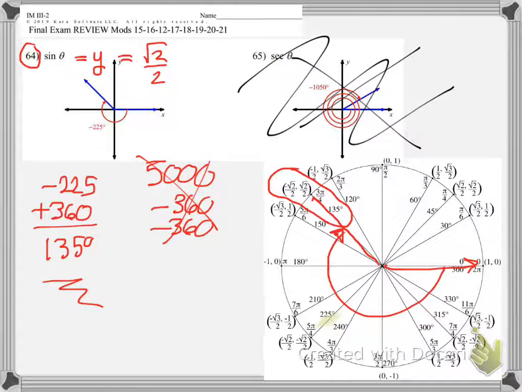If you didn't have the full circle, if you only had quadrant 1, you would take this 135 degrees we just got. You would say 135 is closer to 180. It's 45 degrees away.